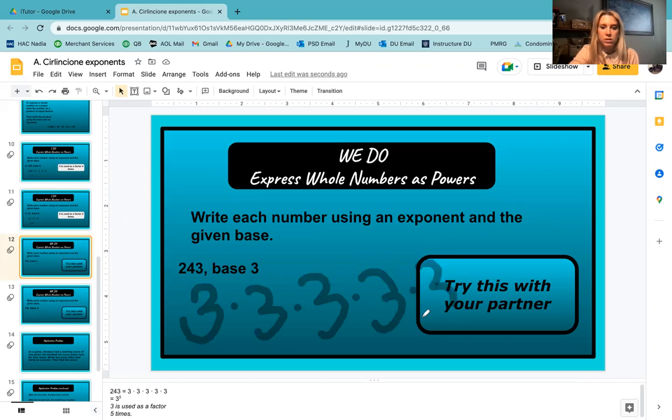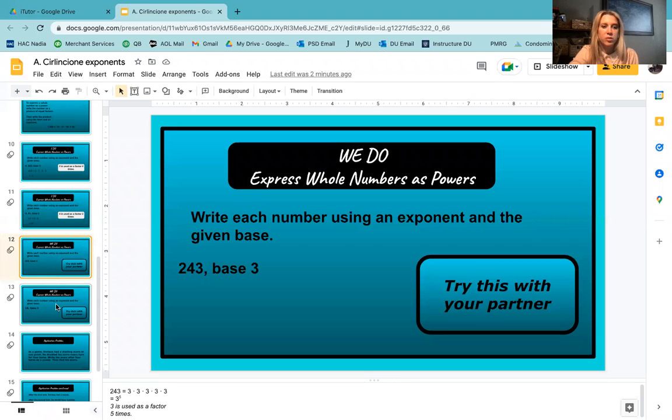Nope. Keep going. Here it is. 3 times 3 times 3 times 3 times 3. What is that, everybody? 3 to the 5th power. So 3 is my base, 5 is my exponent. So 3 is used as a factor 5 times. My answer is 3 to the 5th power.